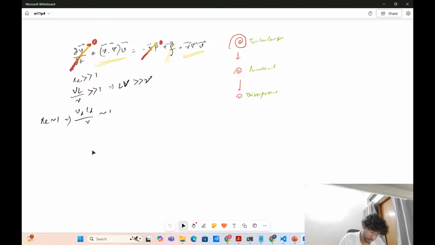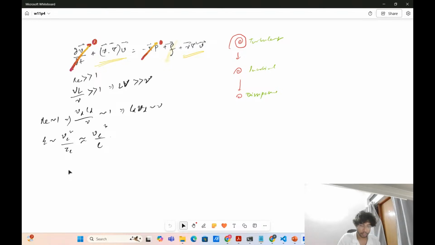So this just implies LD VD is nu. Now, what is the energy dissipation rate? Epsilon. It just means energy by time, right? So just from dimensional analysis, and time is given by L by V, which is given like this, right?